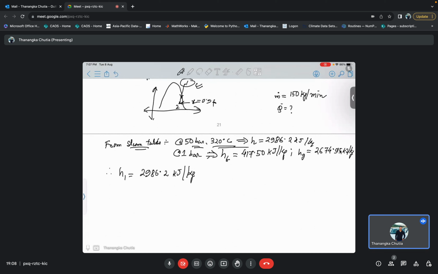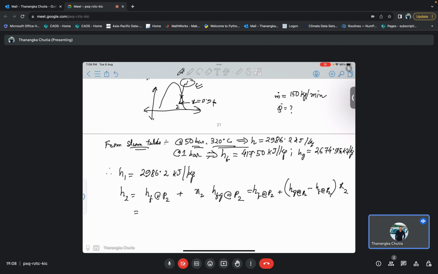This point has some dryness fraction, so H2 is nothing but HF at P2 plus X2 times HFG at P2. This can also be written as HF at P2 plus X2 times (HG at P2 minus HF at P2).